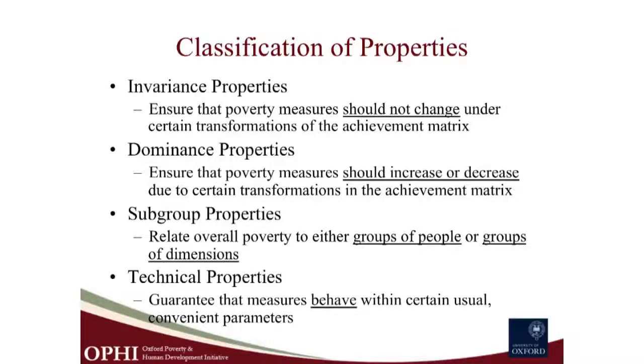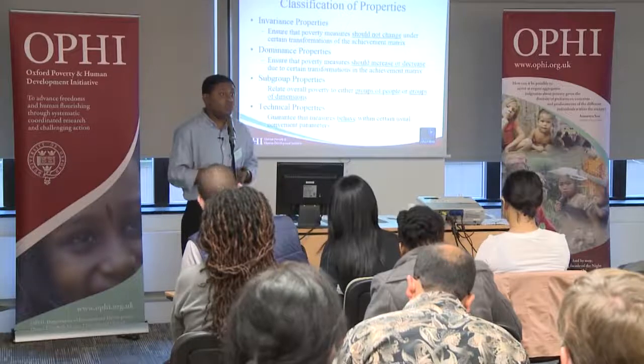So we classify the properties into 4 categories, following our book on multidimensional poverty. The first set are called invariance properties. These ensure that poverty measures should not change under certain transformations of the achievement matrix. One example: just change the unit of measurement.